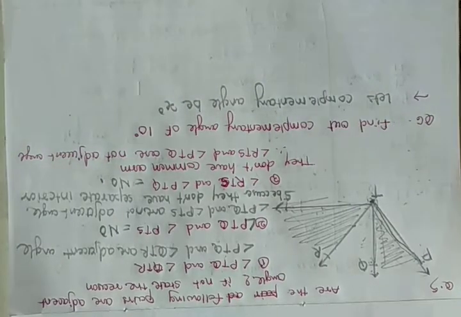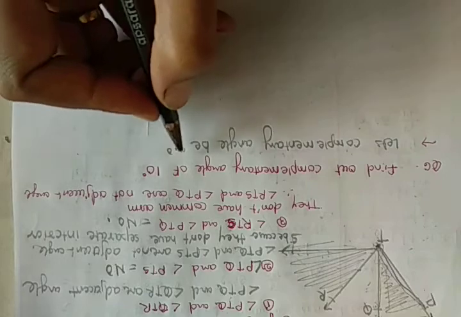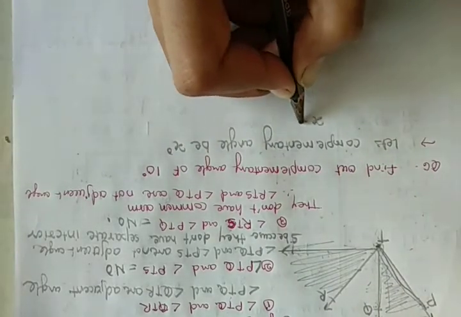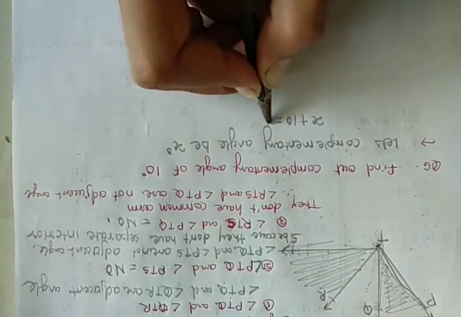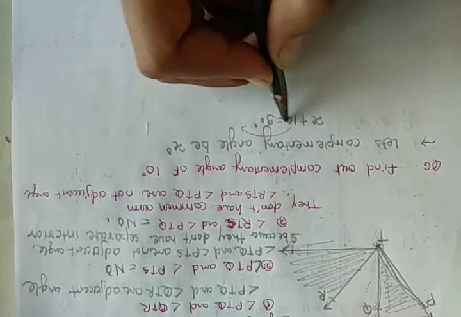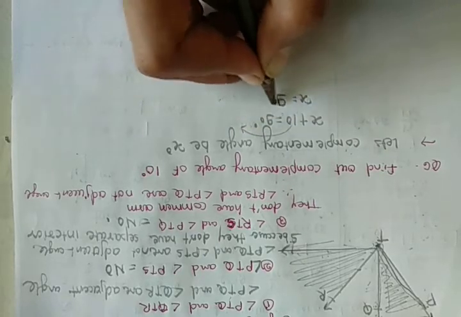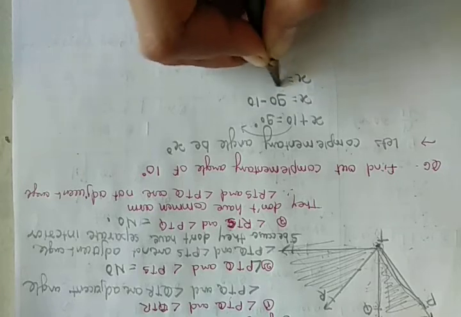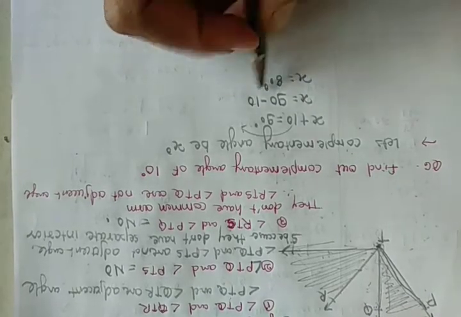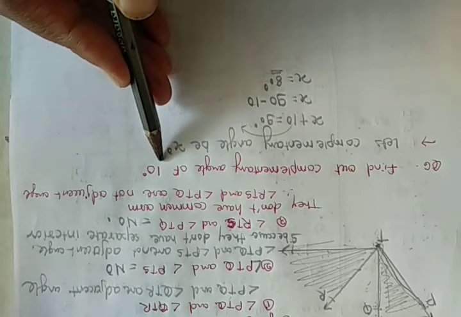As per our definition, if the sum of the measures of two angles is 90 degree, then these angles are complementary, so x plus 10 is equal to 90 degree. Here 10 is plus, so when it goes to the right side of the equal sign, it becomes minus. So x is equal to 90 minus 10, so x is equal to 80 degree. It means 80 degree is the complementary angle of 10 degree.